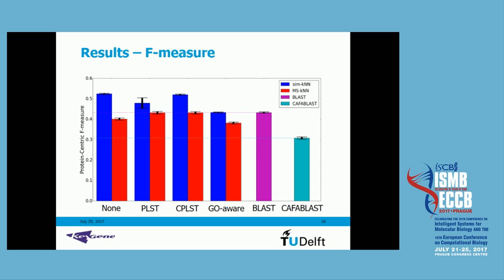The very left pair is these two algorithms in the original form, and then the next pair is using PLST with these two algorithms, CPLST and our GoAware transformation. And further to the left, we have a purple and a light blue bar, which is the performance of our baselines.